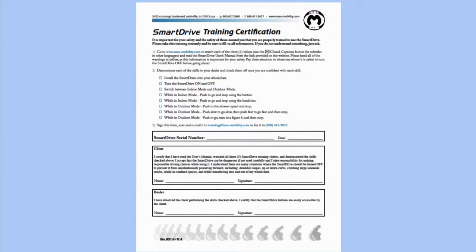For the last year or so, when we sent out Smartdrives, we required everyone to perform a skills checklist to make sure that the client was educated and trained on how to use it, particularly because the model it comes with has something called outdoor mode, and in outdoor mode, you push to go, and it will not stop unless you tap one of these two buttons on the front, and it's got a ridiculous amount of power, so you can find yourself in a lot of trouble.